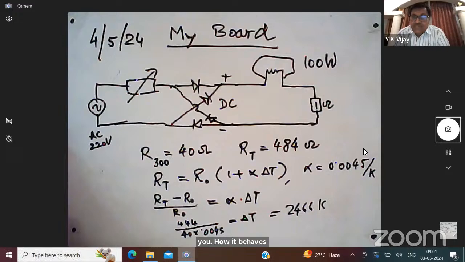I have got a bulb and I will connect it and show you how it behaves. This is the temperature dependence of resistance for tungsten, and the value of the temperature comes out to be around 2400 K using this formula.